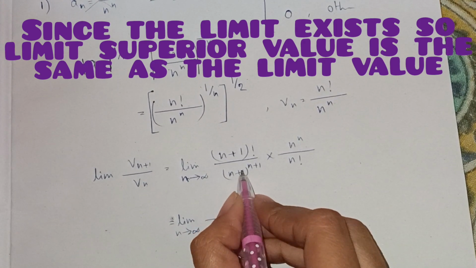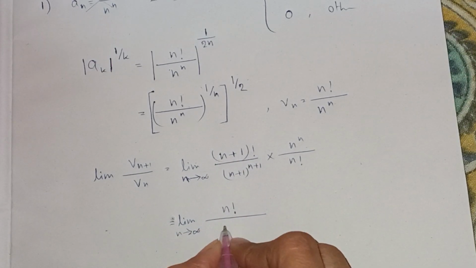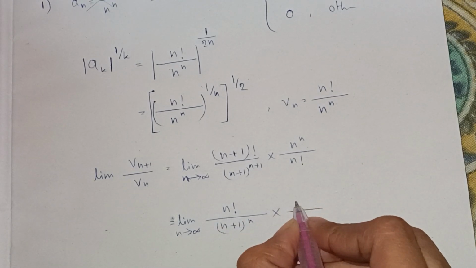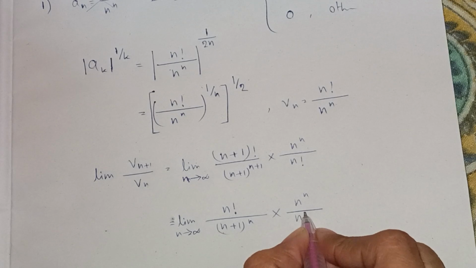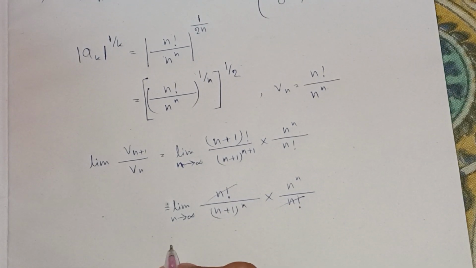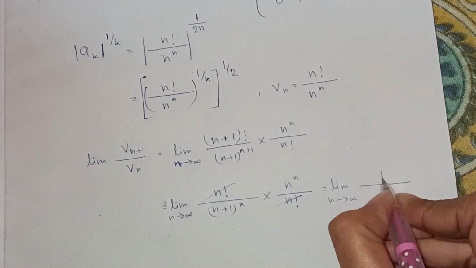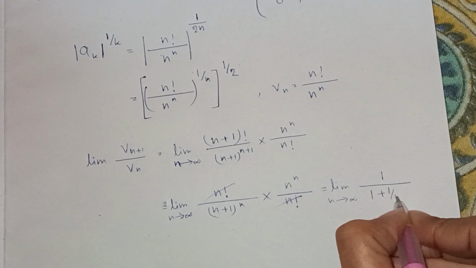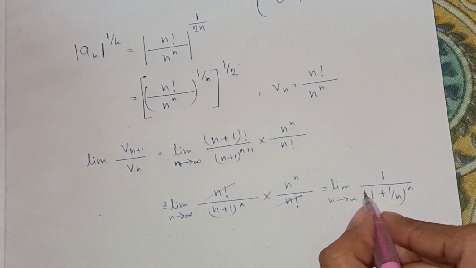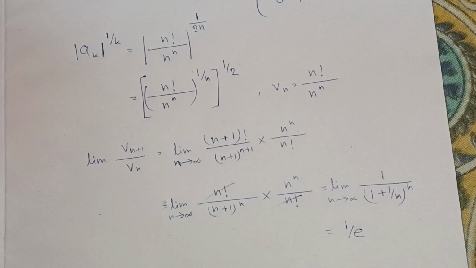This (n+1) gets cancelled with this one, so it becomes n factorial over (n+1) whole to the power n, multiplied with n to the power n over n factorial. So we cancel these two and what remains is limit n tends to infinity 1 over (1 plus 1 over n) whole to the power n, and this goes to e. So this whole limit goes to 1 over e, right?